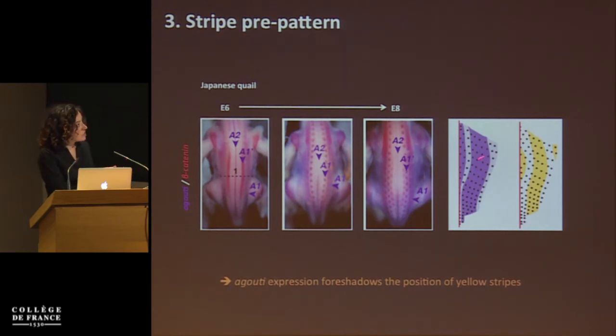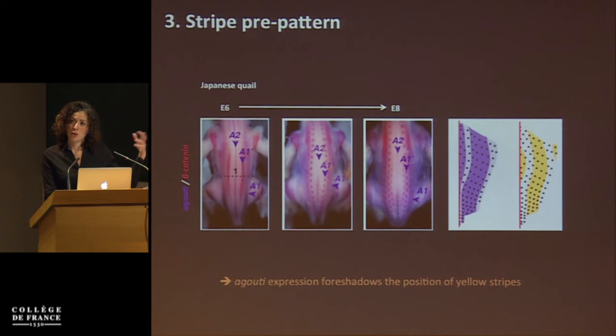And so what he could see is that agouti had been expressed in these central feathers, which form in the area covered by the medial line of agouti expression. Feather row number 3 exactly corresponds to the intermediate line of agouti expression, and feather rows 4, 5, and 6 correspond to the lateral line. And so these feather rows are those that later produce yellow. So really the expression of agouti foreshadows the position of yellow stripes.